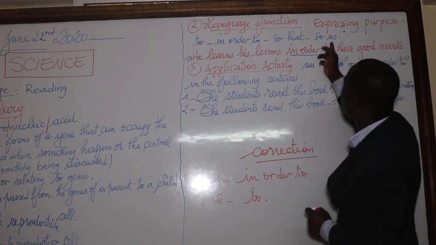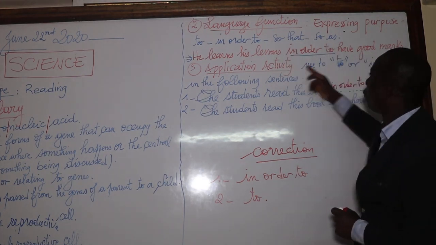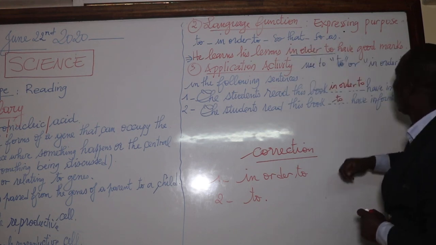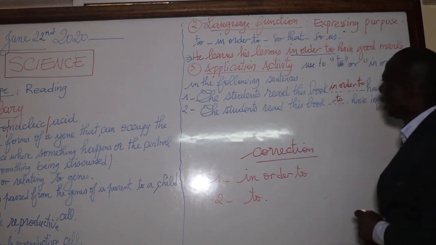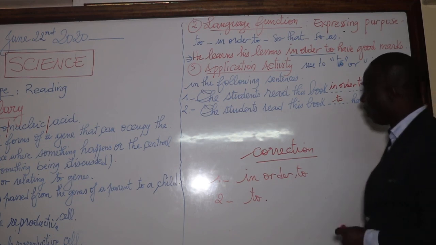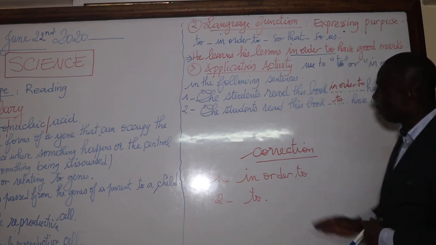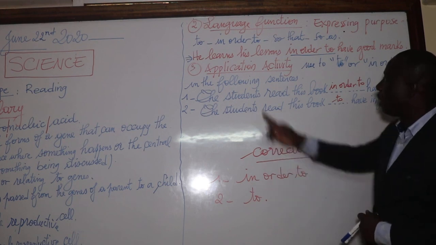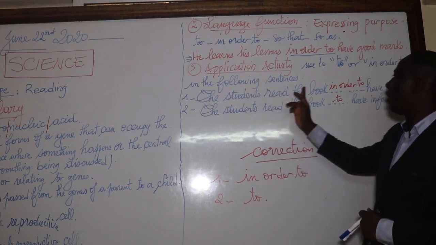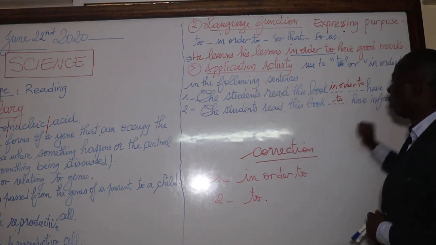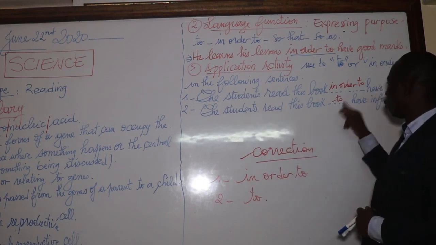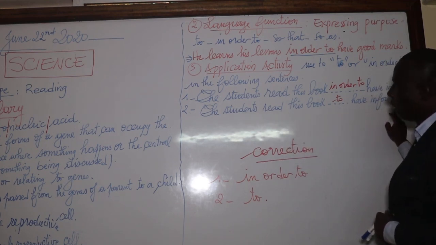Okay? In order to is here to express the purpose. Now, number 3, application activities. You see here, use to or in order to in the following sentences. The student read this book in order to have information. The student read this book to have information.